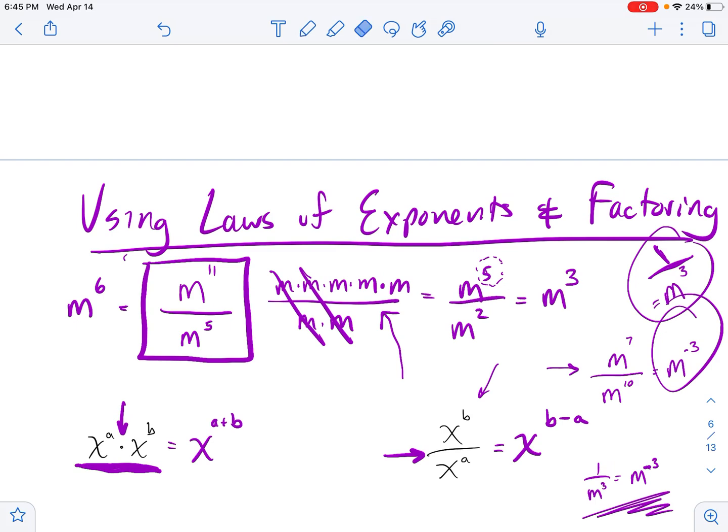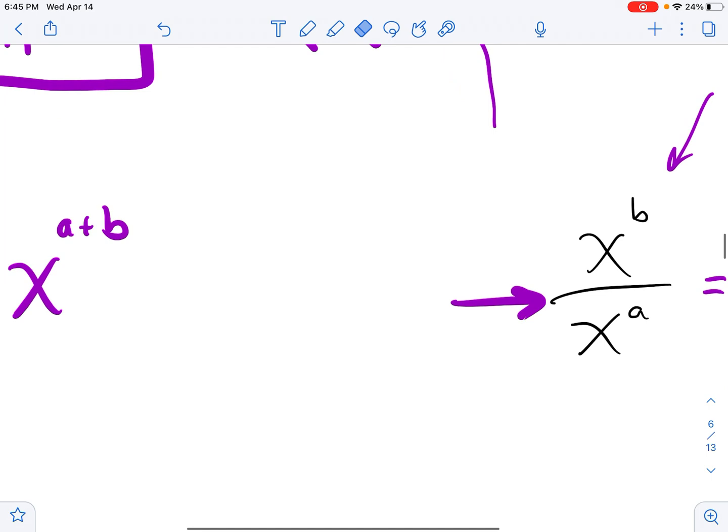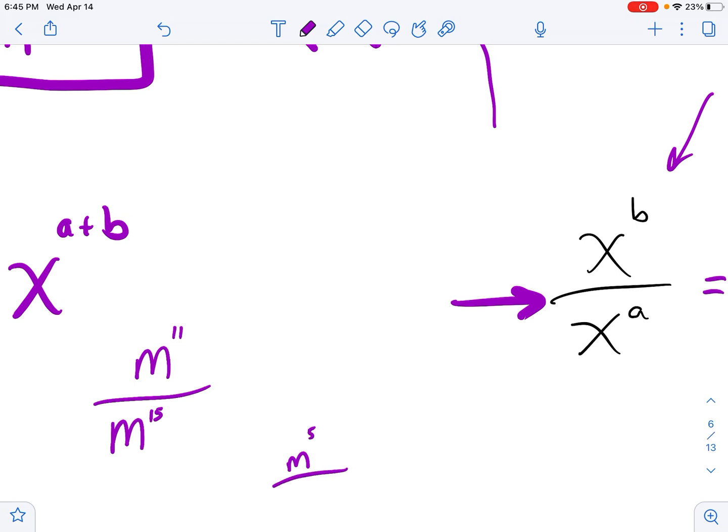Now, how could you figure that out on your own? Heavens, no, I don't want you to memorize that, but one thing you could think is, okay, well, if I get m to the 11th over m to the 15th, how am I supposed to know what that is? Well, why don't you just step to the side and think, okay, well, let's go m to the 2nd over m to the 6th. That's a reasonable amount of m's to write out.